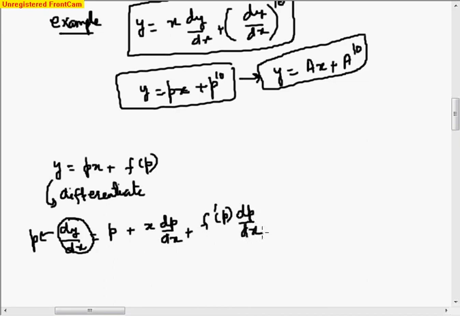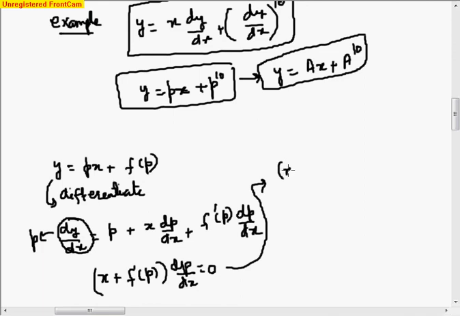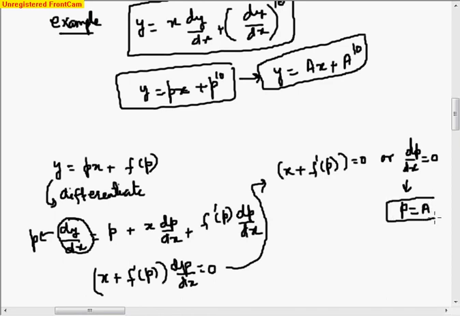Chain rule, obviously. So I get x plus f dash p into dp by dx is equal to 0. It implies that either x plus f dash p is 0 or dp by dx is 0.